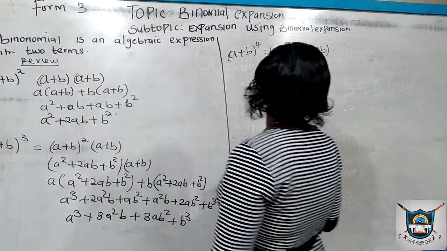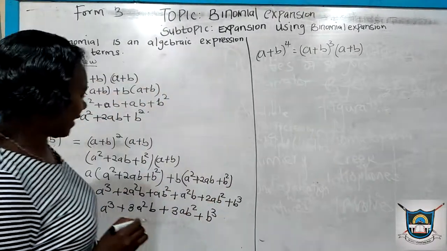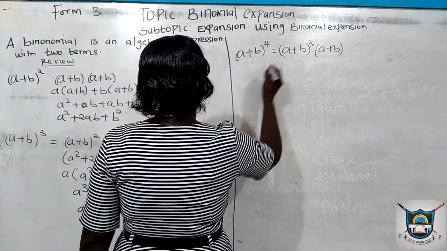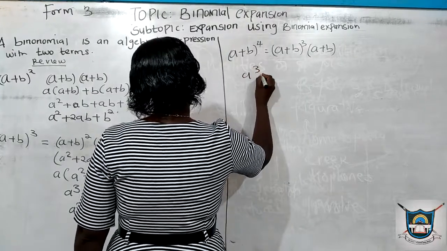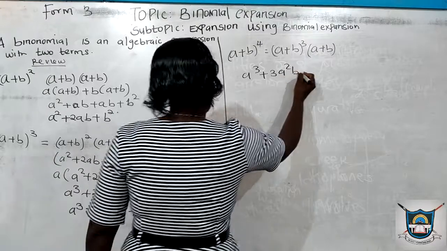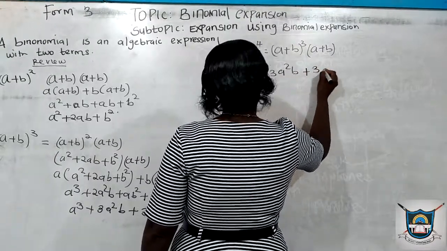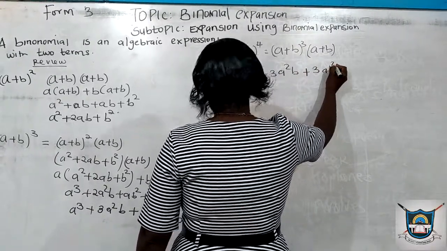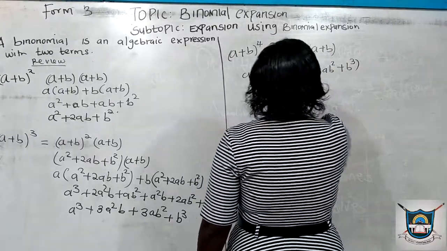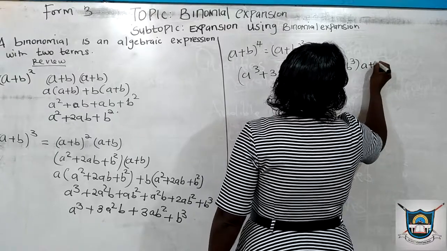This one now becomes more complicated, but you can try to deal with it. (a + b) cubed is a cubed plus 3a squared b plus 3ab squared plus b cubed, multiplied by (a + b).